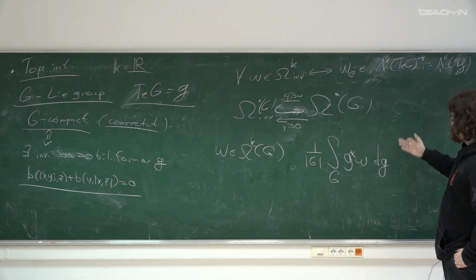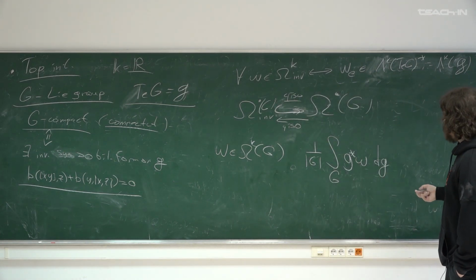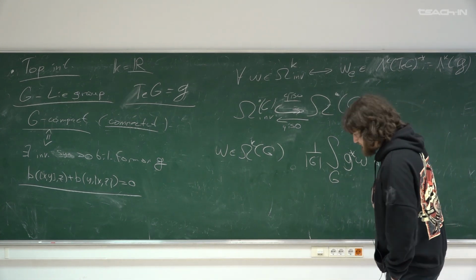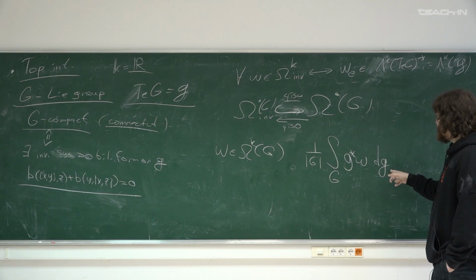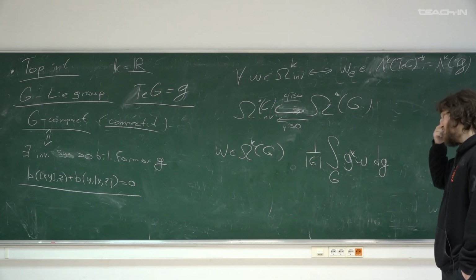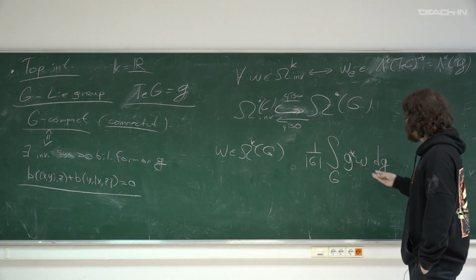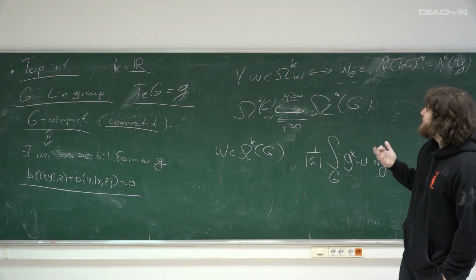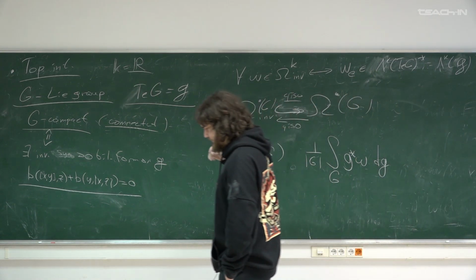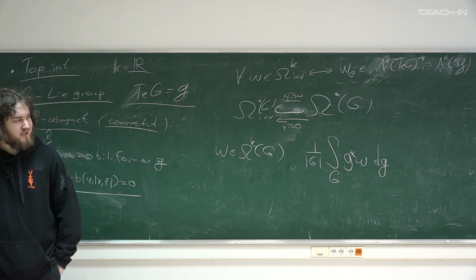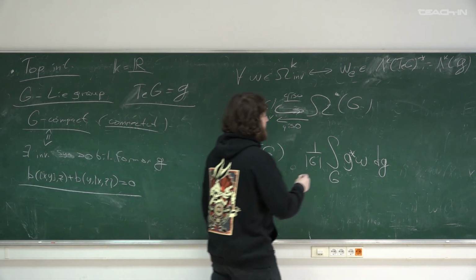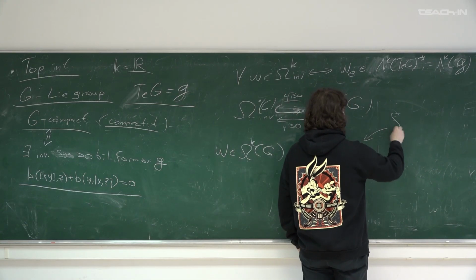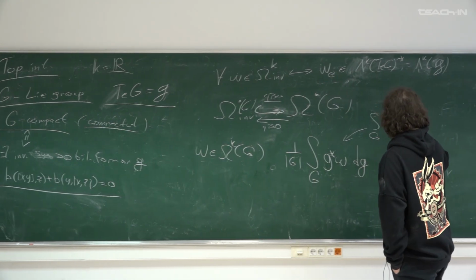It's the uniquely defined translation invariant measure on my Lie group. It exists. I can integrate on the group. To guarantee that my integrals are finite, the group has to be compact. It's finite. I can integrate over the whole G because G is compact.